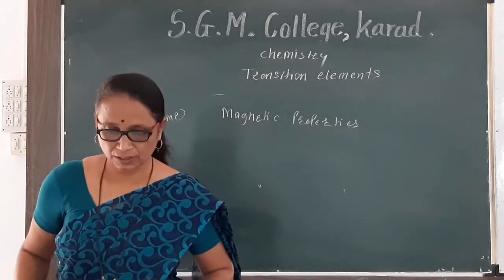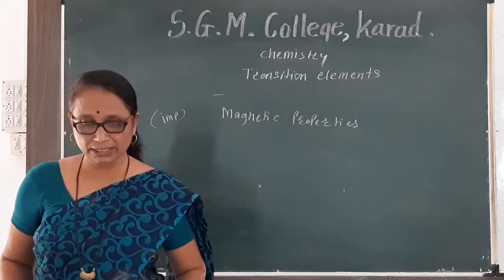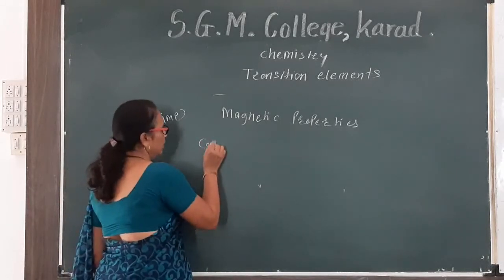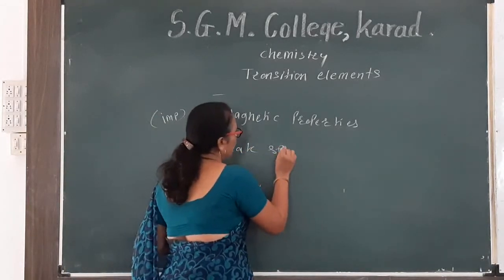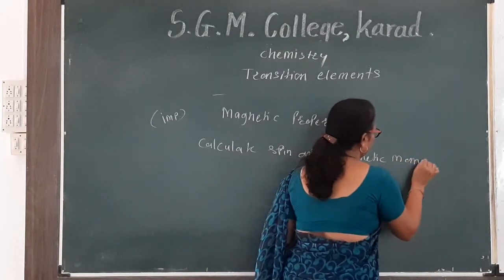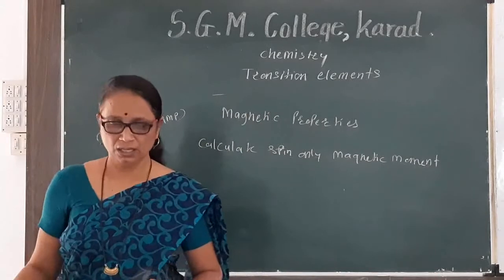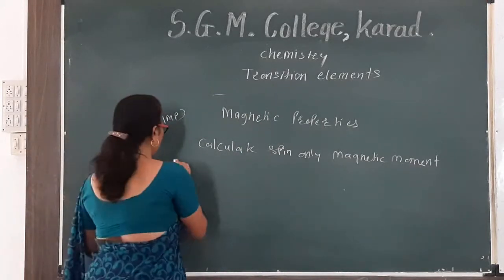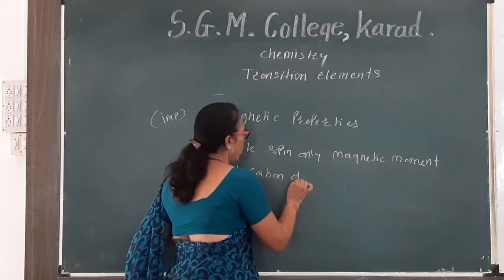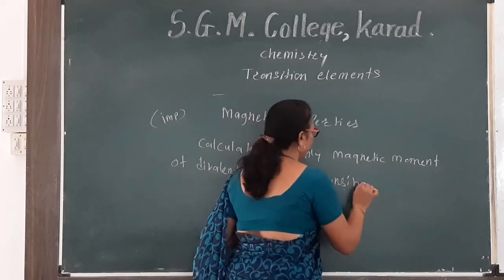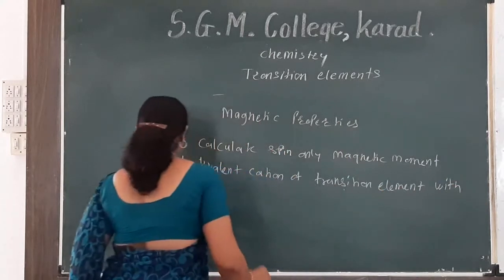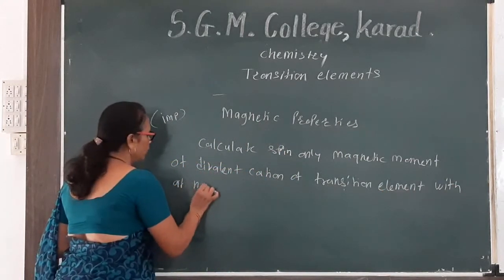Now, I will take one example. Calculate the spin-only magnetic moment of divalent cation of transition element with atomic number 26.